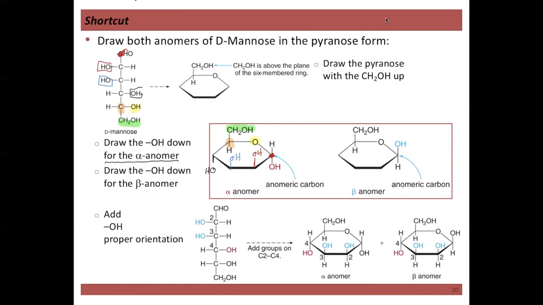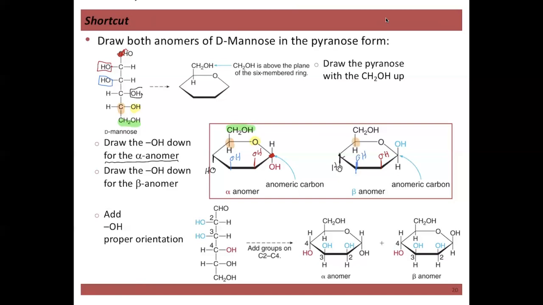So let's do the same for the beta anomer. And really, everything is the same other than the anomeric carbon. We draw the red OH up, we draw the blue OH up, we draw the black OH down.